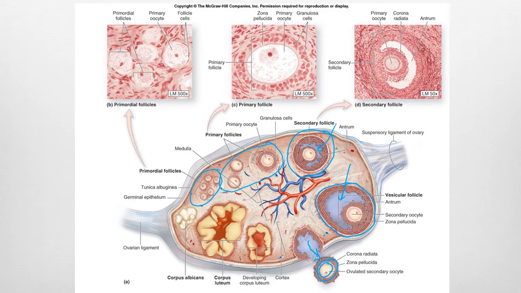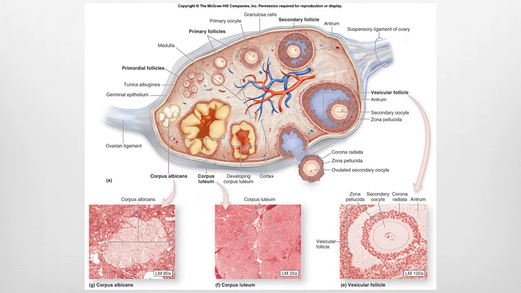Once that vesicular follicle has ruptured and ovulation has occurred, it's then going to start to develop into a corpus luteum. That corpus luteum is going to produce hormones through the first trimester if pregnancy occurs. If pregnancy does not occur, then that corpus luteum will degrade into a corpus albicans. And so then it'll become a non-functional structure there and become reabsorbed.